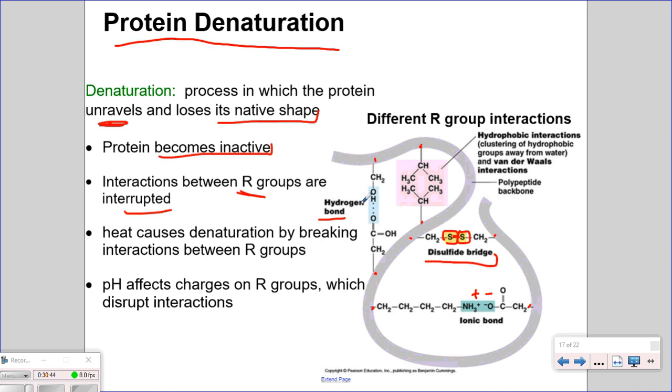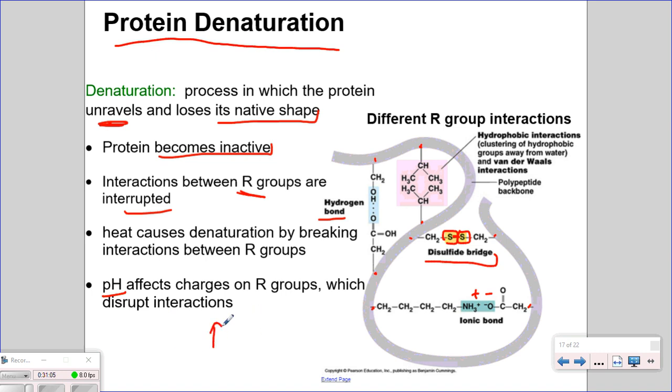By disturbing these R group interactions, this can cause the protein to unfold and unravel so that these R groups are no longer interacting with each other. Something like pH can affect these R group interactions.